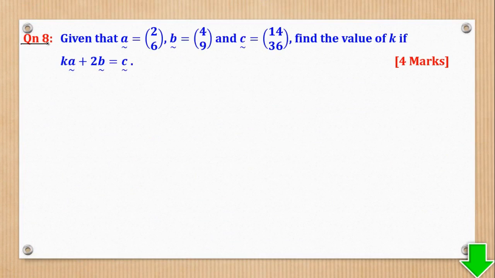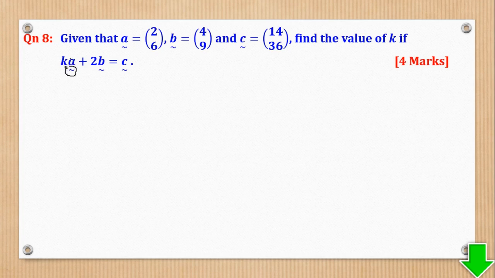There was question 7. What about question 8? Question 8 says, given that vector A is equal to (2, 6), vector B is (4, 9), vector C is (14, 36). Find the value of k if kA + 2B is equal to C. So one thing you should realize is that A has this tilde.